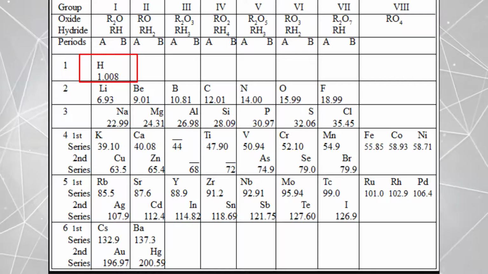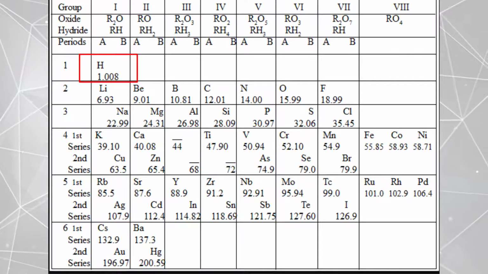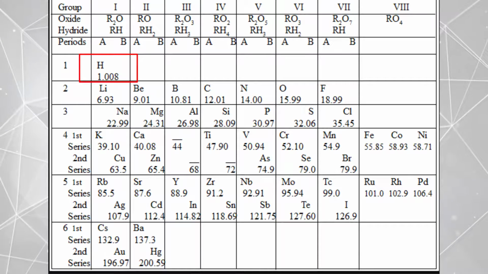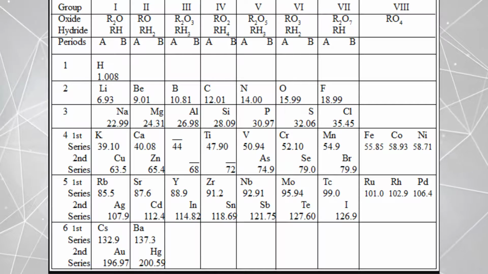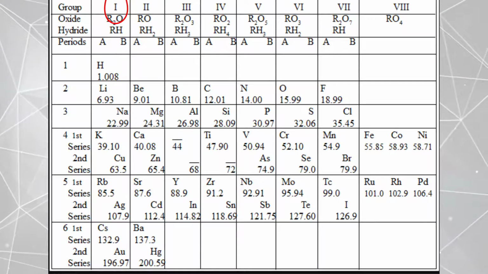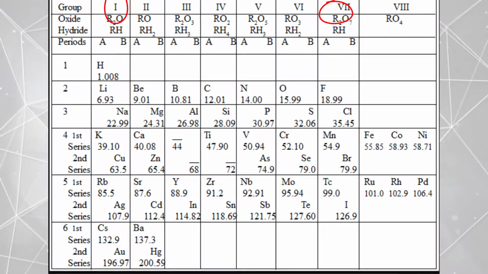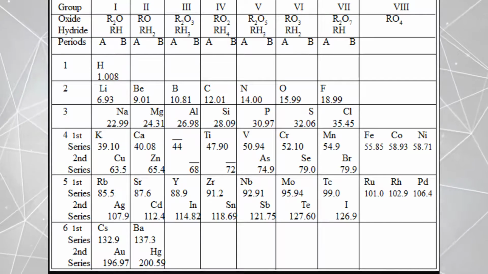So just like the halogens, it has a diatomic molecule. It can combine with metals and with non-metals to form covalent compounds. So where should we put hydrogen? In group 1 or group 7? So this was the limitation. No fixed position could be given to hydrogen in Mendeleev's periodic table.